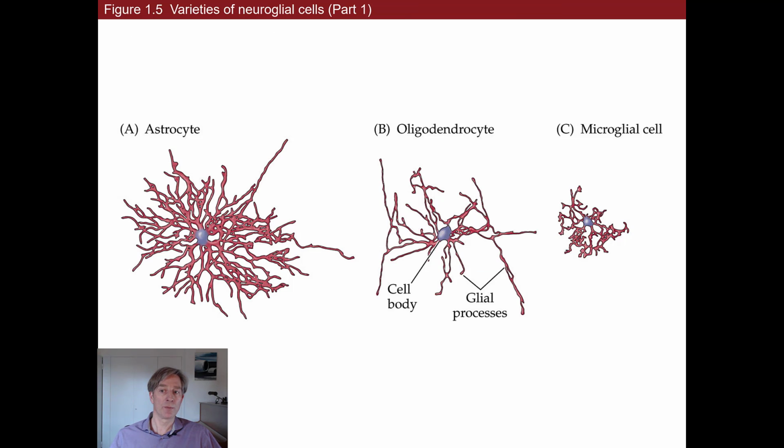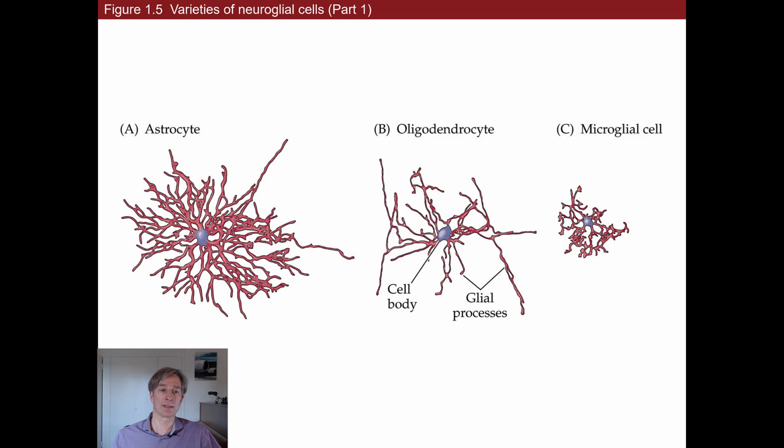Neurons are not the only important cell types in the brain. The other main players are the glial cells, and I've shown three images of glial cells here. Neuroglia, or simply glia, from the Greek word for glue, are non-neuronal cells. Glia are not really electrical cells; they're not transmitting electric signals.